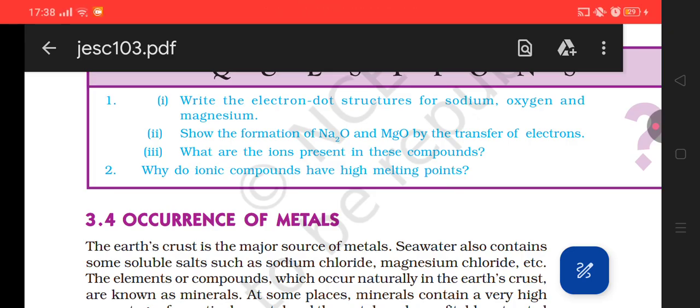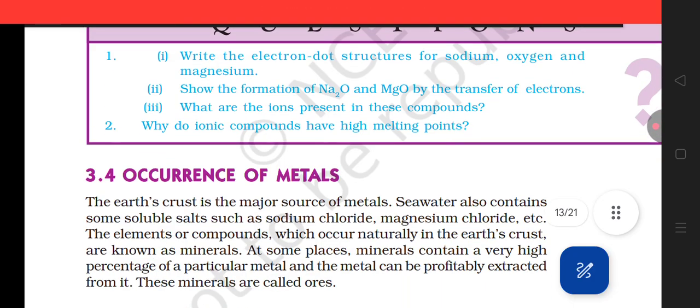Next, why do ionic compounds have high melting point? Because ionic compounds have a very high electrostatic force of attraction between them, so they attract each other so much, and eventually they have a very high melting point. It is very difficult to break the electrostatic force between them, which is due to strong attraction of oppositely charged ions. I hope this is understood.